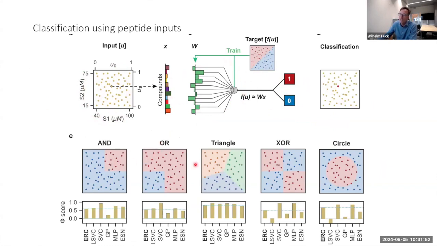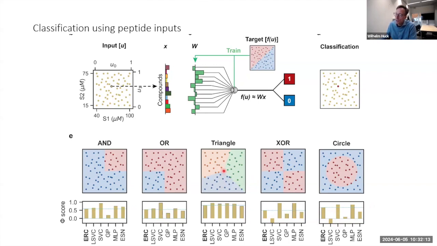So I can do an AND gate, OR gate, XOR gate, circle. It kind of works. So I get decent scores, not as high as the foremost, not so competitive compared to machine learning algorithms, but it's decent. So what I show you here is at least it is capable of nonlinear classification.